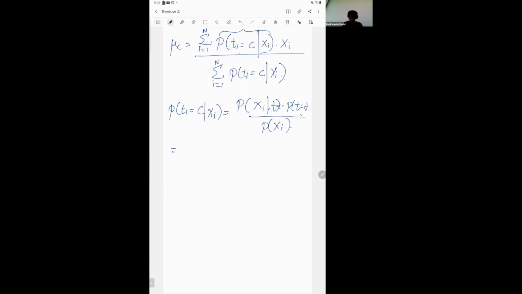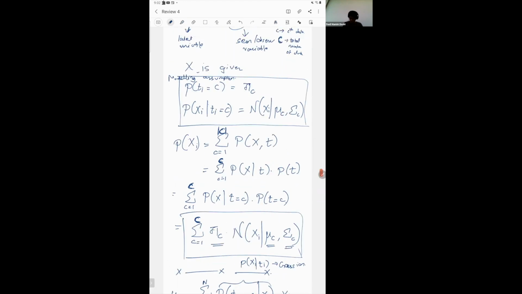So the probability of ti equals c is simply pi c. This is nothing but a Gaussian. And this denominator is something that we just calculated here.